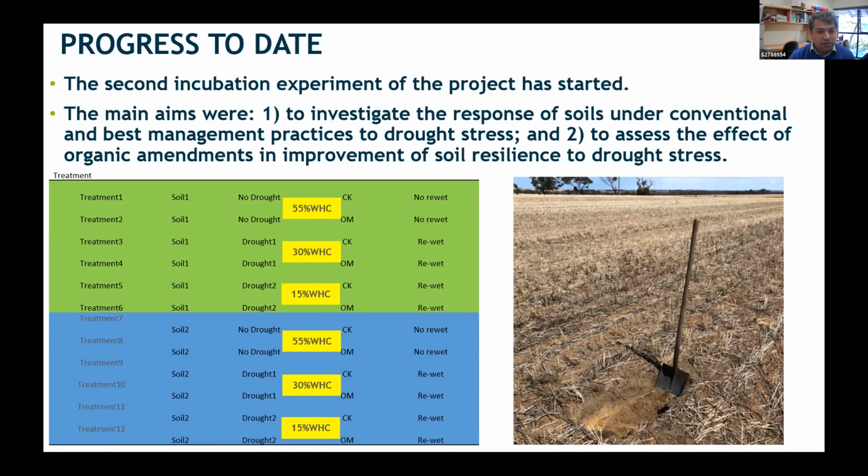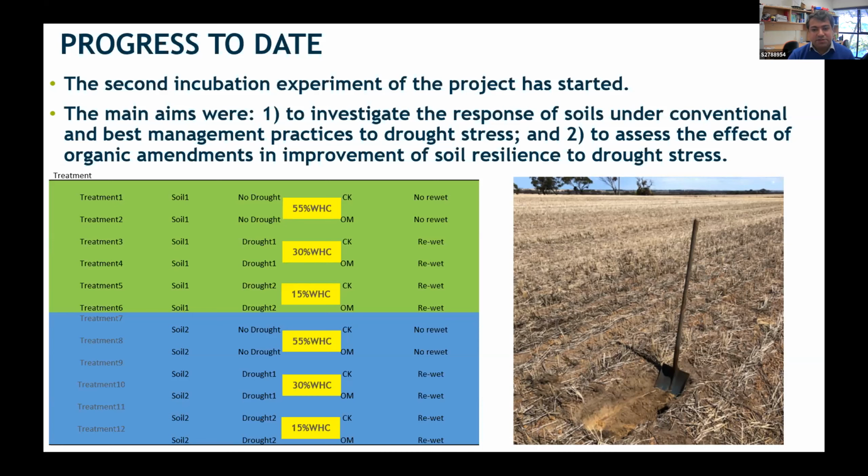They have the same soil structure, the same soil texture, and basically the same nutrient profile, but they have been under different management practices. The topsoil has been under conventional management practice for a couple of years, and the bottom soil from treatment 7 has been under best management practice for a couple of years. So we have 2 different soils adjacent to each other, same texture, different management practices.